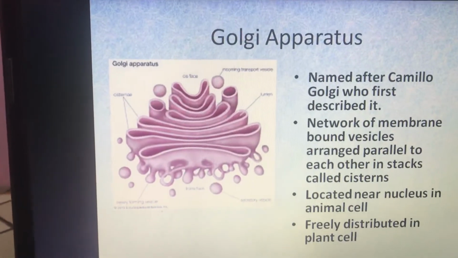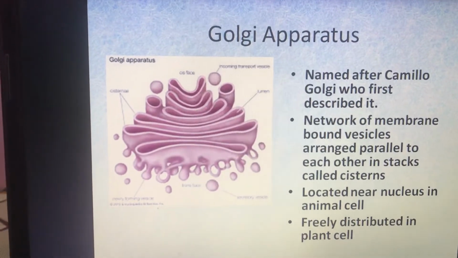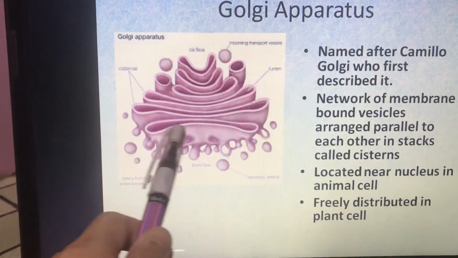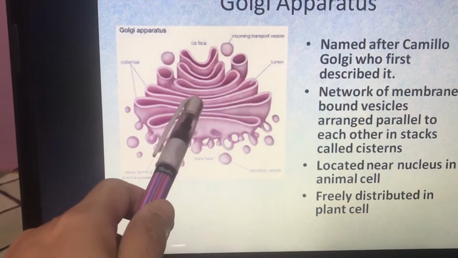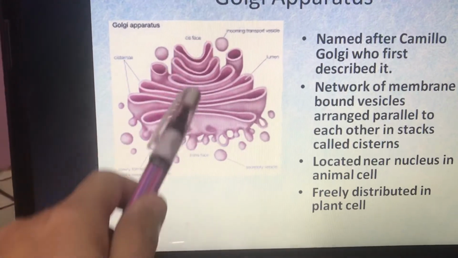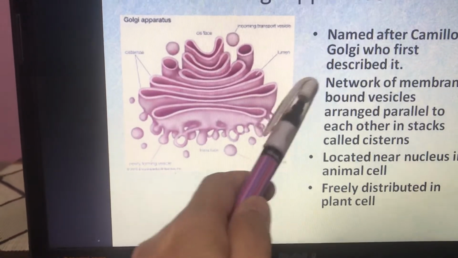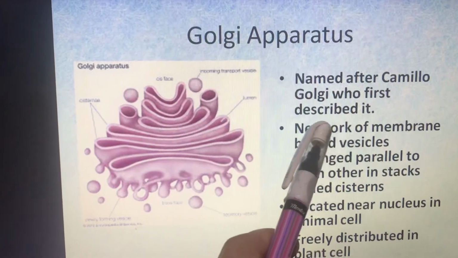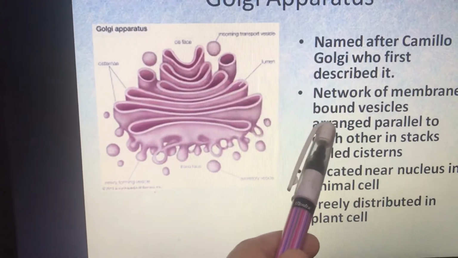Now the next cell organelle is the Golgi apparatus. You can see here different sheets which are laid one above the other in stacks. One stack is known as a cistern. Now this was first discovered by Camillo Golgi, and therefore it is named Golgi after him.